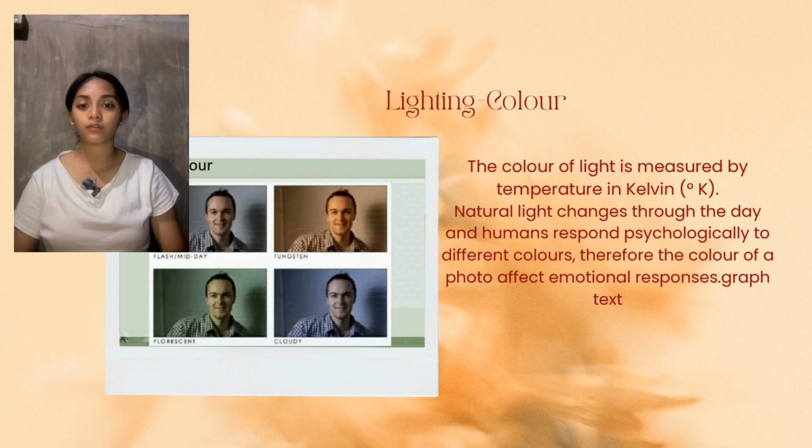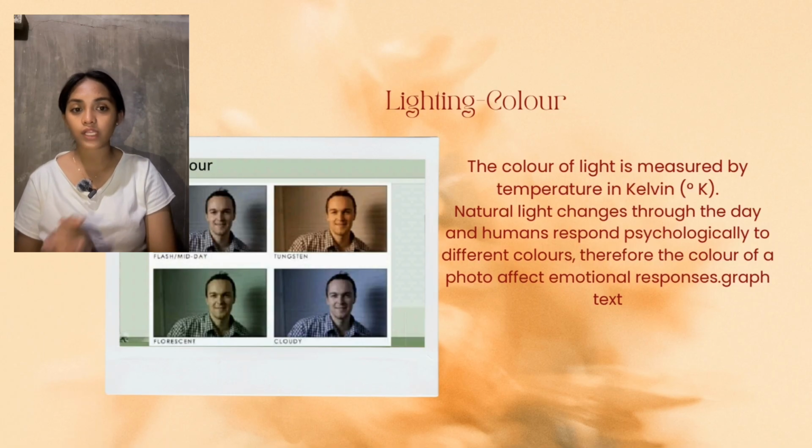So, lighting color. When we say lighting color, it refers to the perceived warmth and coolness of light. It is commonly quantified using color temperature in Kelvin. As natural light shifts throughout the day, its color temperature changes, producing varying atmospheres within a photograph.